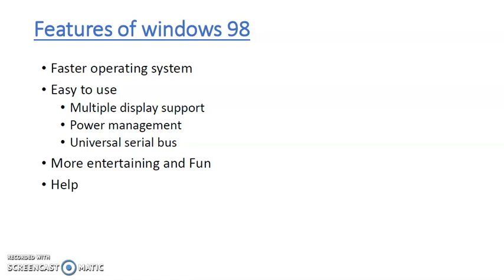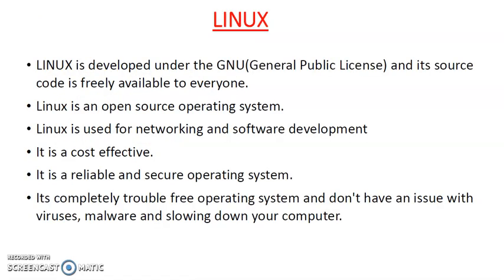What is the meaning of help? It is very easy to use and find the answer to questions quickly with the help of the help feature. This is all about Windows 98. Why is Windows 98 more popular than Windows 95? Because it has features like this.